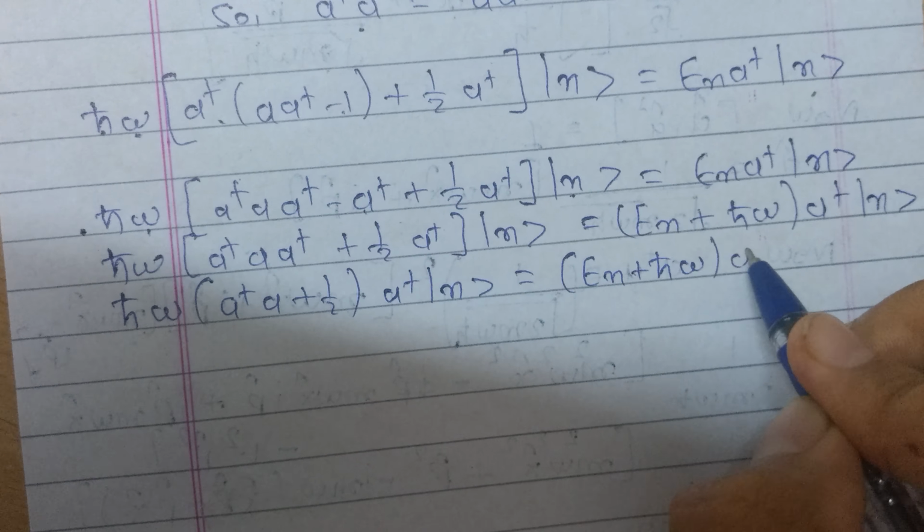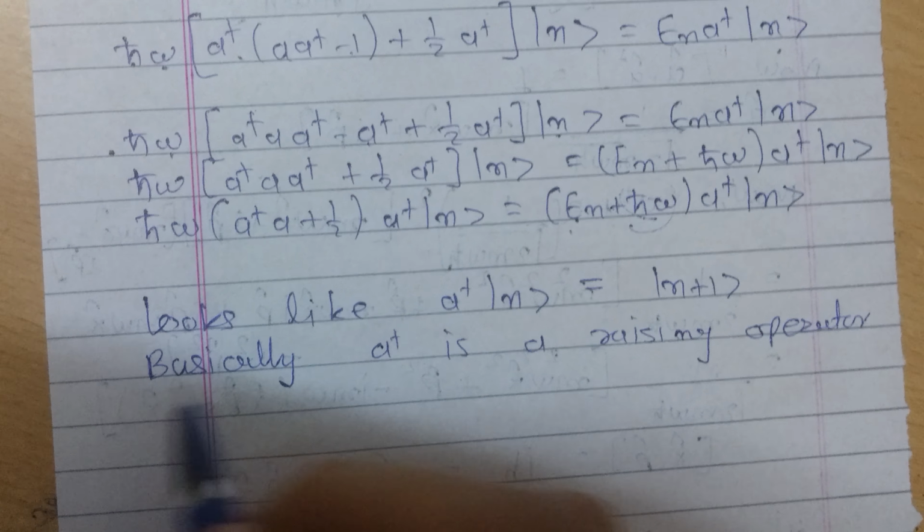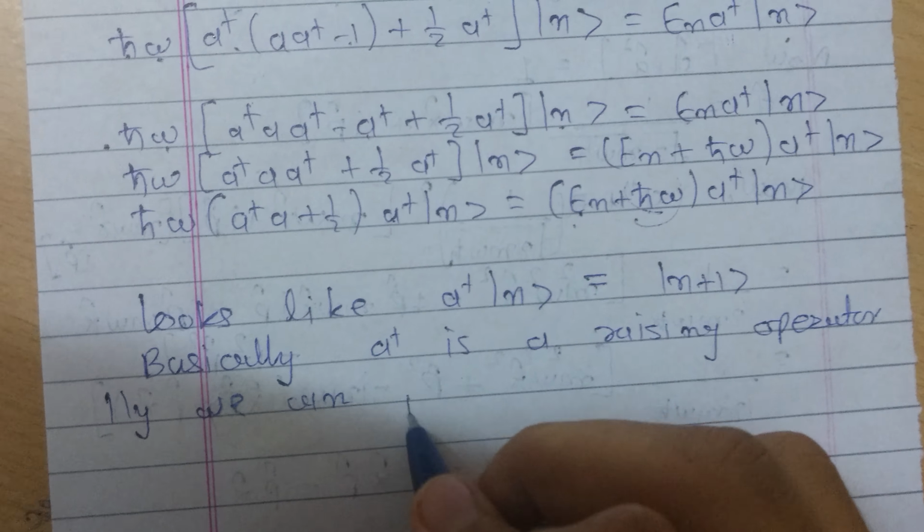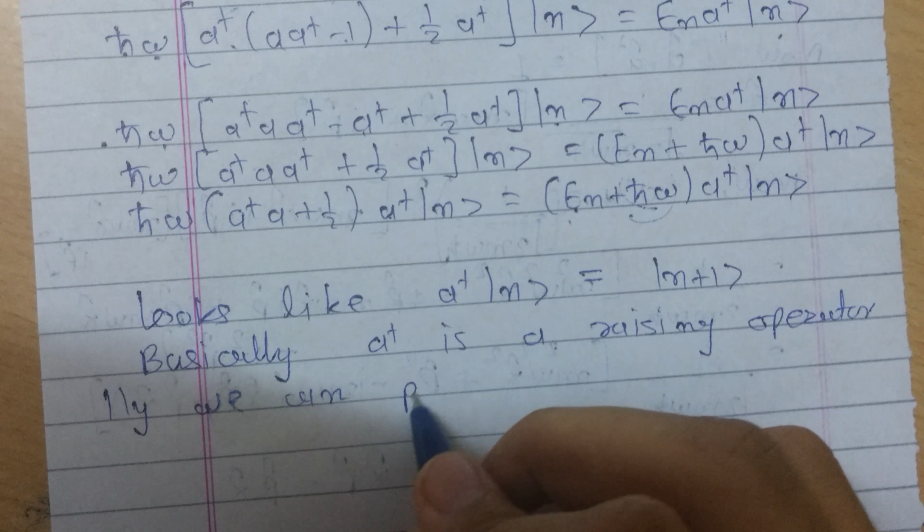So basically a dagger is a raising operator. Similarly we can prove that a is a lowering operator.